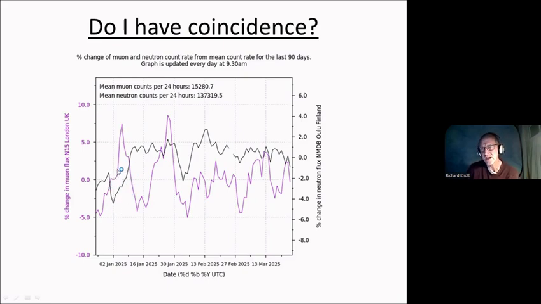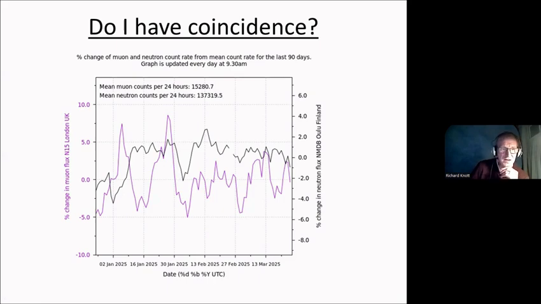On the left-hand side, my muon counts are going up and the neutron counts are going down. So we need to be able to explore these parts in further detail to see what is impacting the muon count deviation from the neutron count deviation.